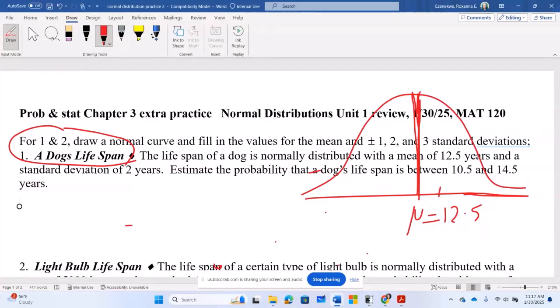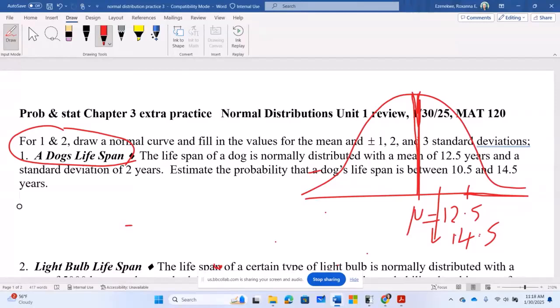Therefore, if a dog is 14.5 years, then that dog is 1 standard deviation above the mean. If a dog is 16.5 years, 2 standard deviations above the mean.